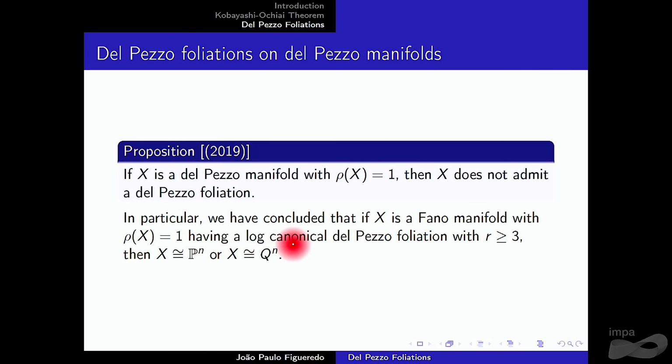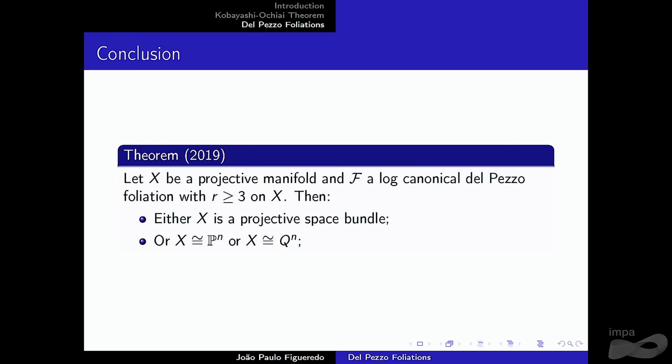So we conclude that if X is a Fano manifold with Picard number 1 with log canonical singularities and rank at least 3, then either X is the projective space or the quadric hypersurface. And in conclusion, the classification of log del Pezzo foliations with rank at least 3 is the following. Either X is a projective space bundle, or X is P^n, or X is Q^n.